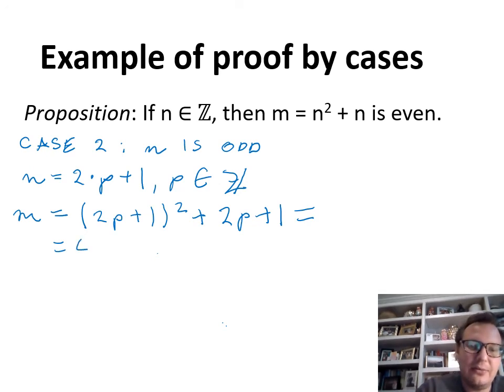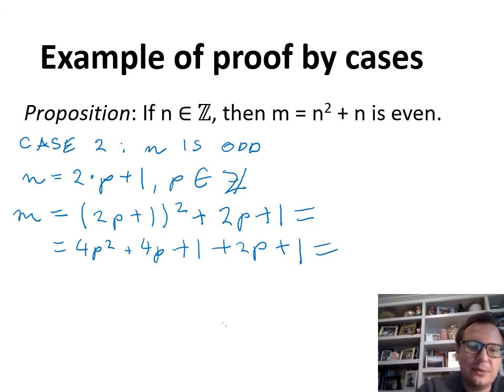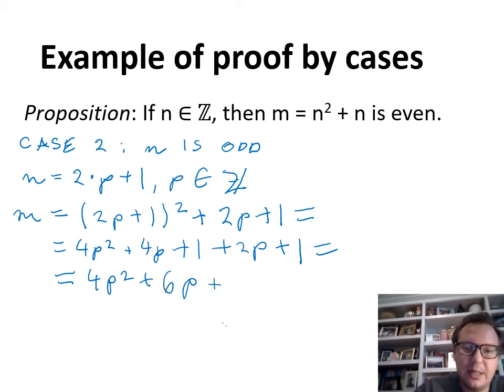So we have 4p squared plus 4p plus 1 plus 2p plus 1. That is equal to, so let's group this together a little bit, 4p squared plus 6p plus 2.